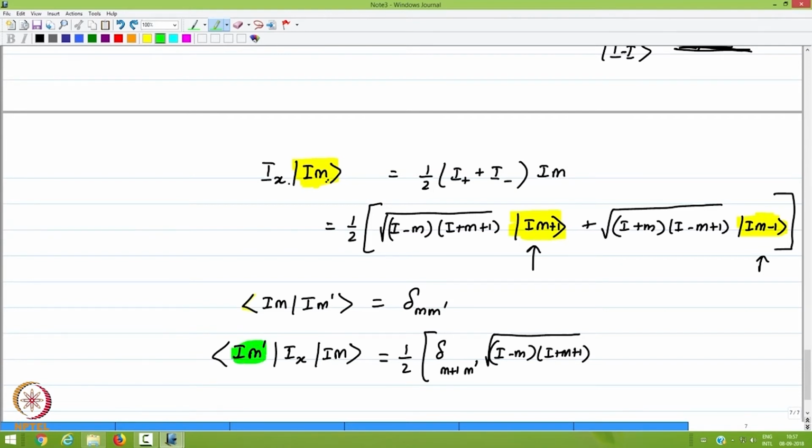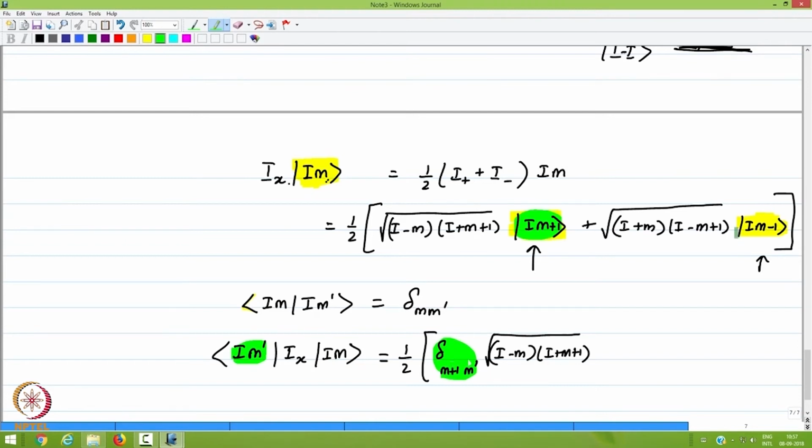So this Im prime will recover this Im plus 1 on the action of Ix on Im, provided this m prime is equal to m plus 1. That is what this part is.